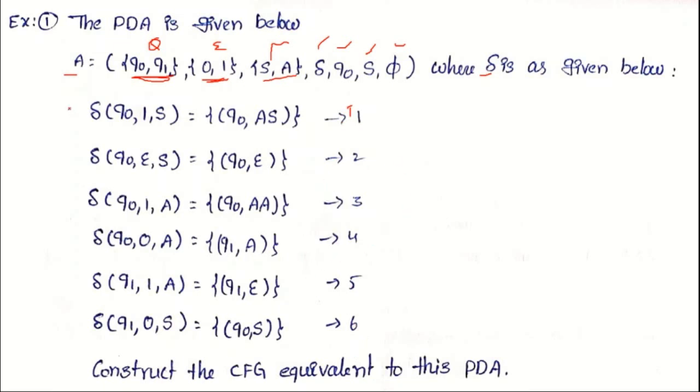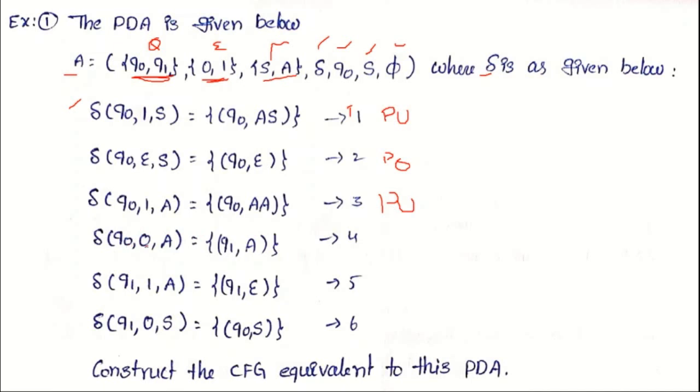So actually the first transition is delta of Q0, 1, S equals Q0, AS. That means a push operation is performed. Next, delta of Q0, epsilon, S equals Q0, epsilon. That means it performs a pop operation. Next, Q0, 1, A gives Q0, AA, a push operation.